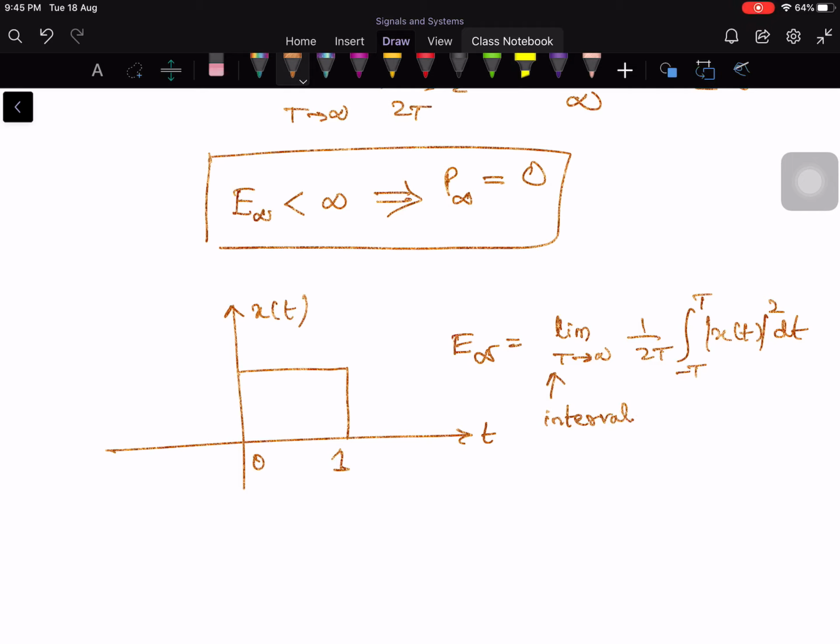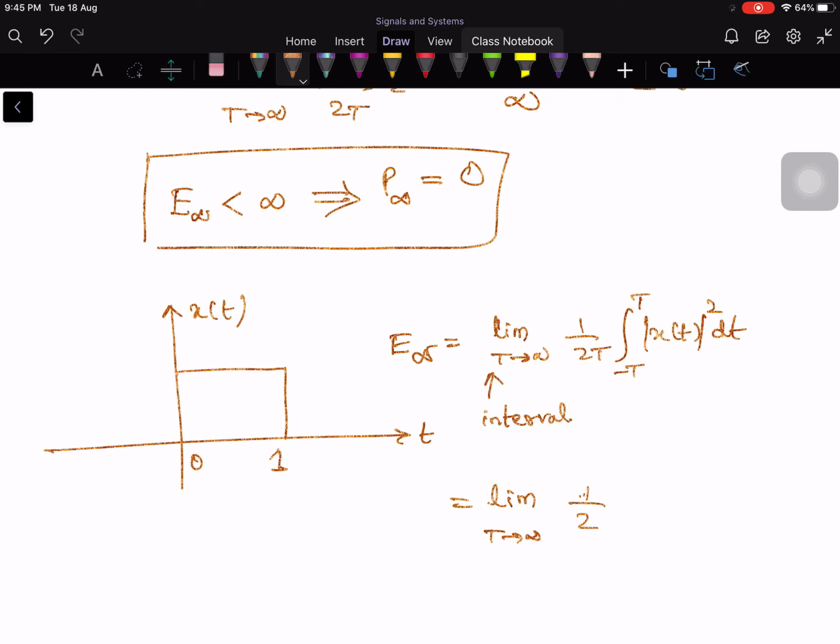As I said, it is an interval. Now, the signal exists from 0 to 1 and the interval is 1 unit, maybe 1 second or 1 minute or 1 hour.